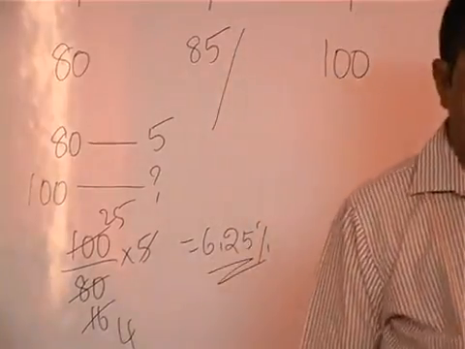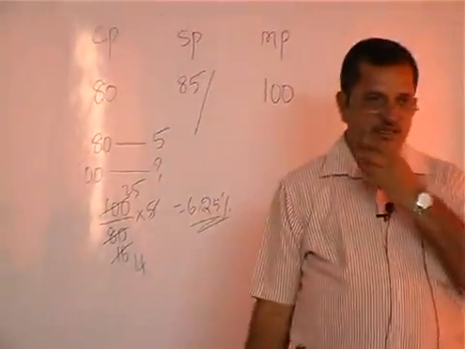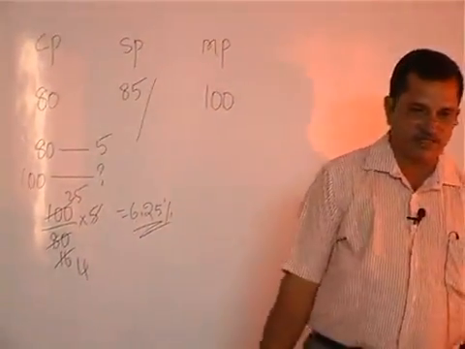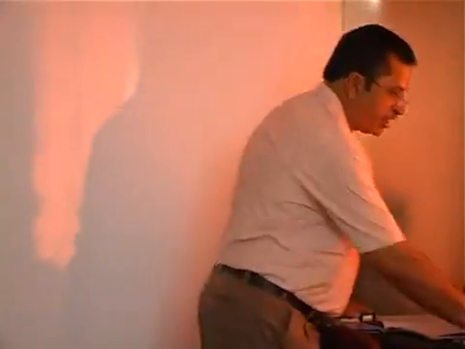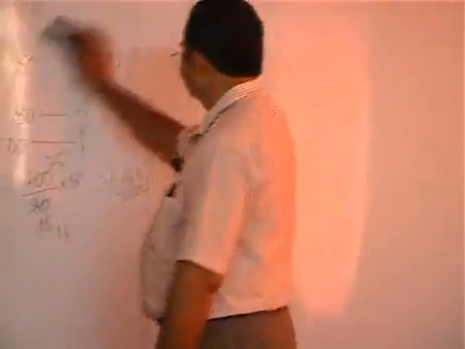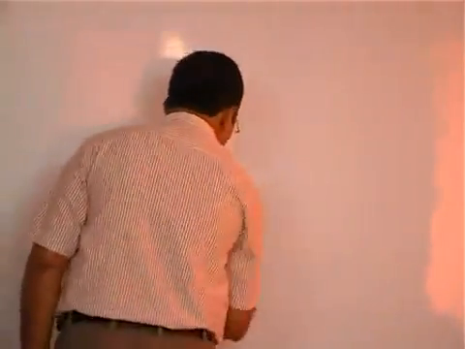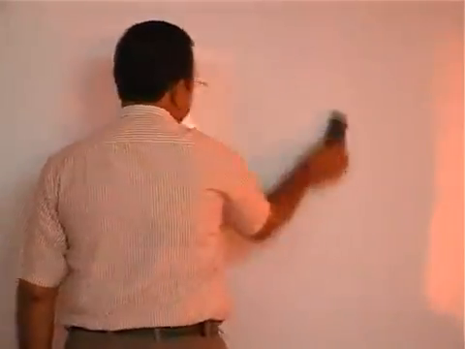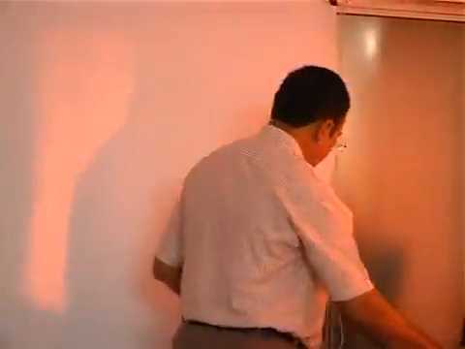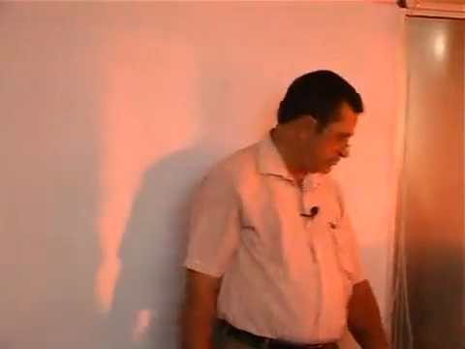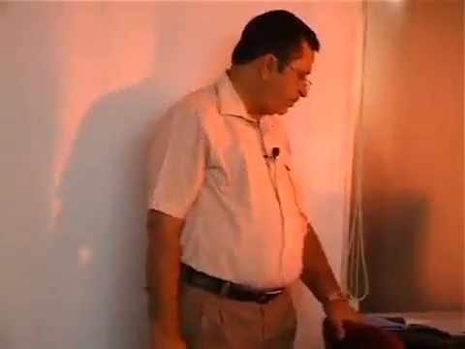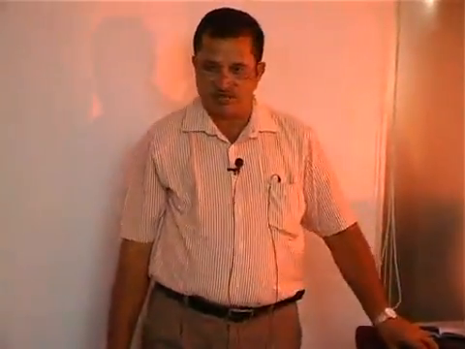Based on the problem, you assume 100, whether it is market price or selling price or cost price. Okay. Next, last problem. The market price of an article is 20% above the cost price, but 5% discount is allowed.